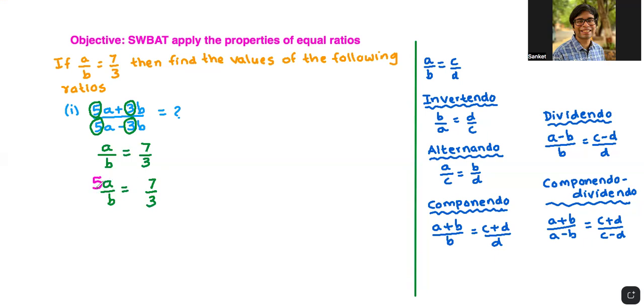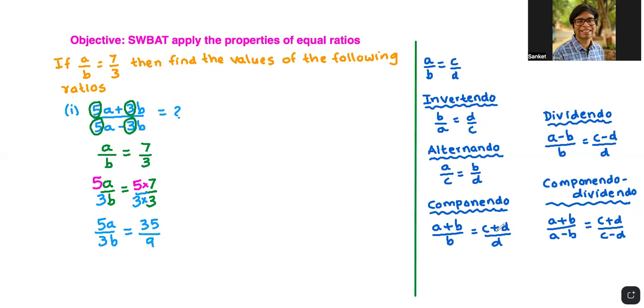If I multiply the numerator on the left hand side, I need to do the same thing on the right hand side as well. I need to multiply B with 3 because it's multiplied over here. I need to then multiply it on the right hand side as well. So I get 5A upon 3B equal to 35 upon 9.